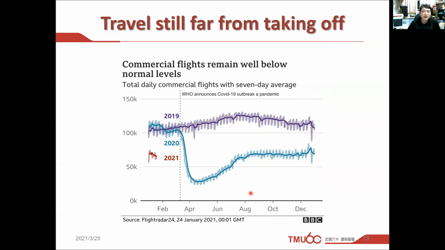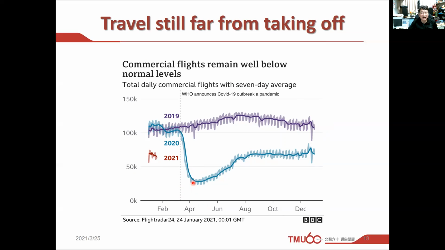And here, this chart shows you the number of commercial flights. As you can see, 2019 is very stable, with total flights each month between 100,000 and 125,000. However, after the onset of COVID-19, it dropped to less than 25,000 commercial flights per month.